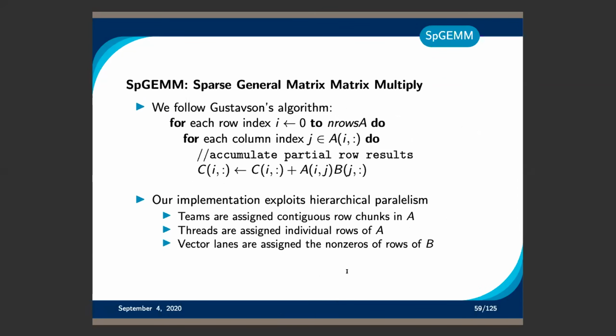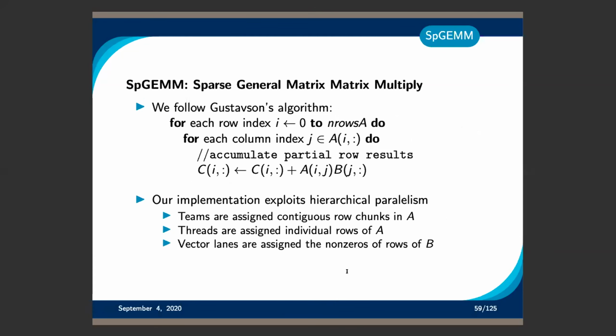So I'm going to talk a little bit about the actual algorithm for SPGEMM. Our algorithm follows the classical Gustavson's algorithm, and the key detail of our implementation is to exploit hierarchical parallelism.